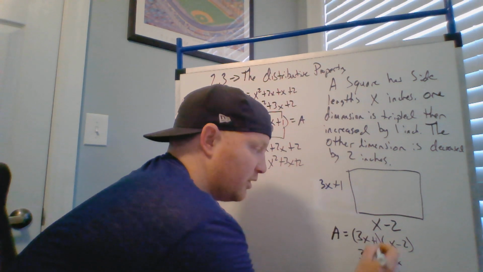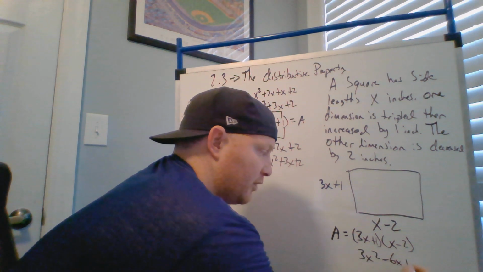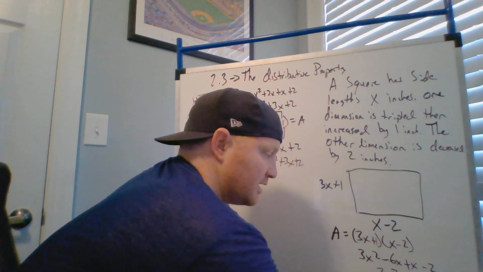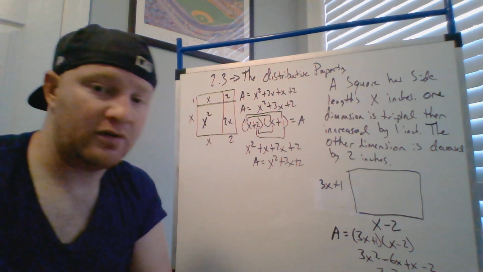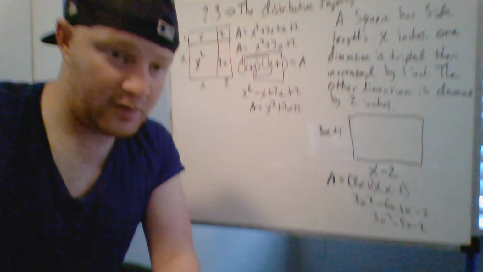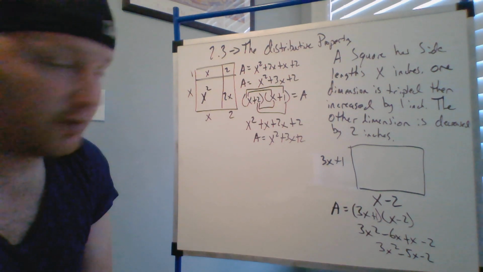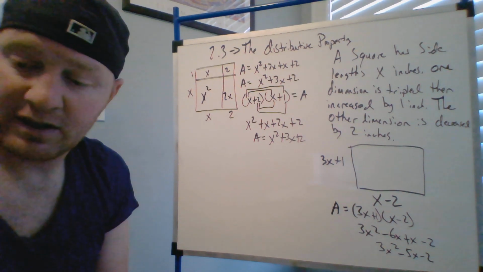So this is plus 1 right there, forgot about that. Plus x minus 2, which simplifies to 3x squared minus 5x minus 2. Just getting us into the form of comfort levels of working with quadratics and carrying out the correct expressions.